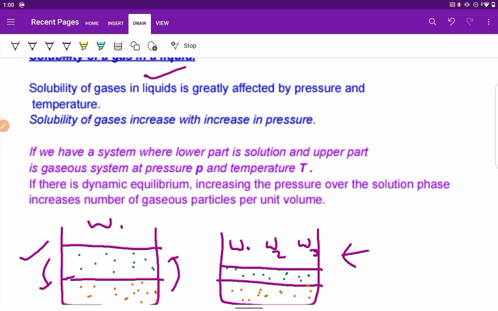Now here, what have we done? We increase the pressure over the solution. So because of this, what happens? There is an increase in the number of gaseous particles per unit volume over the solution.